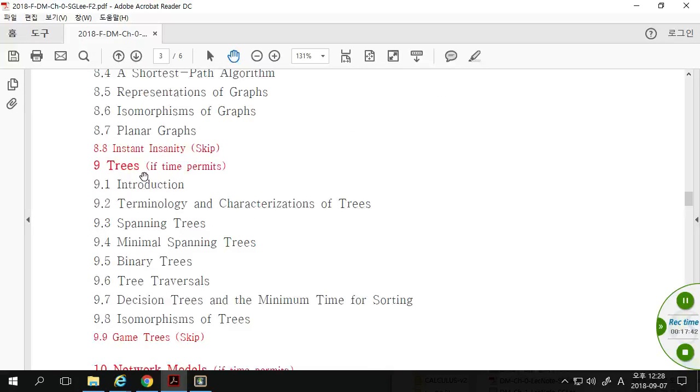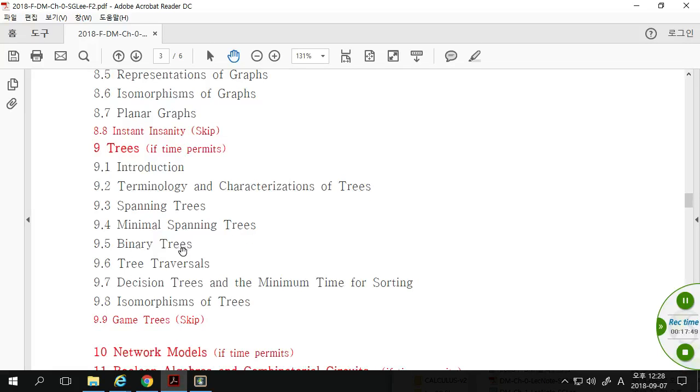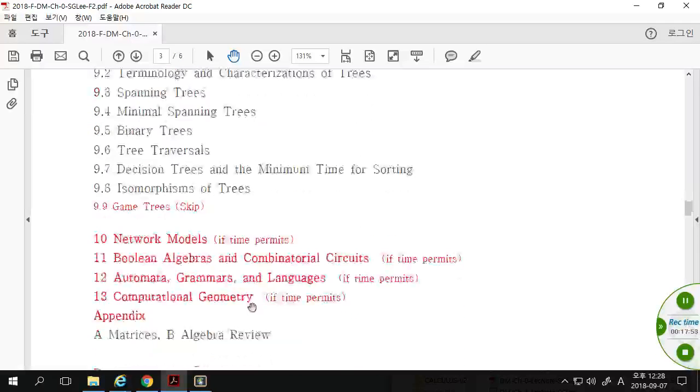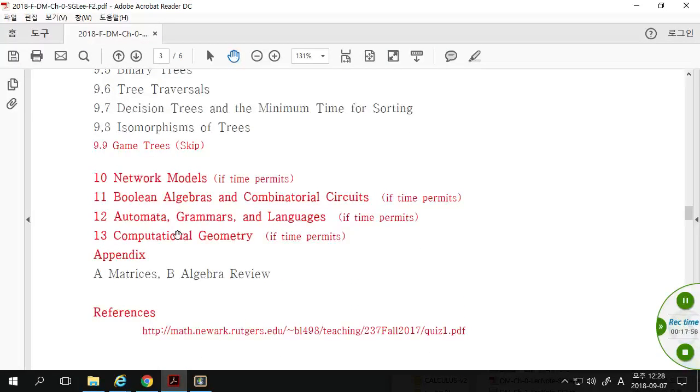In chapter 9, trees, we will learn spanning trees and minimal spanning trees and binary trees and isomorphism of trees. And the others will be reading materials for one semester courses.